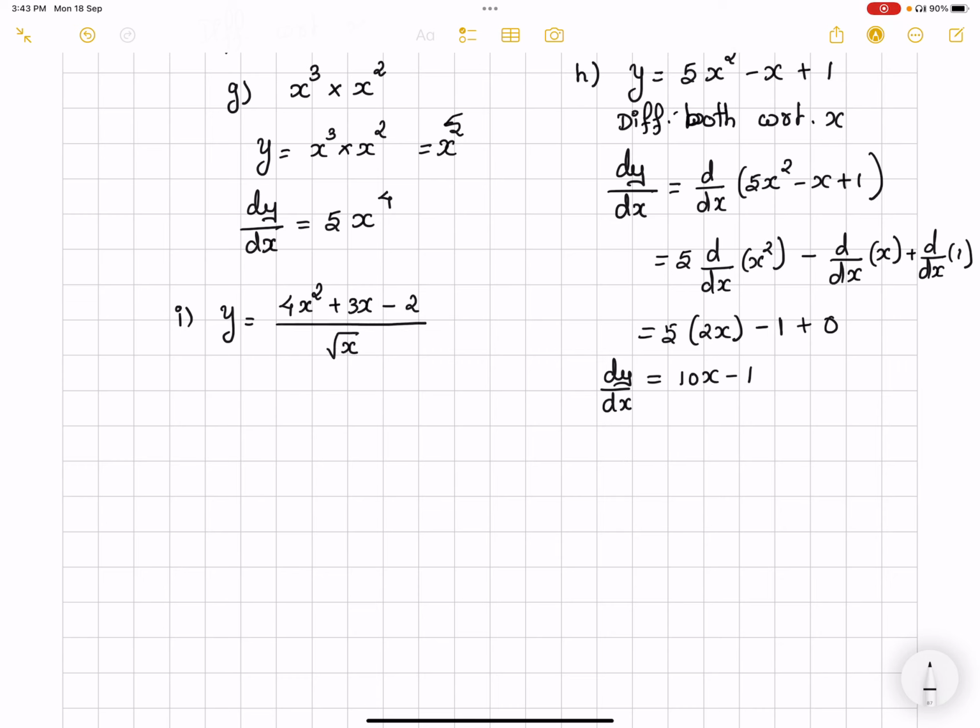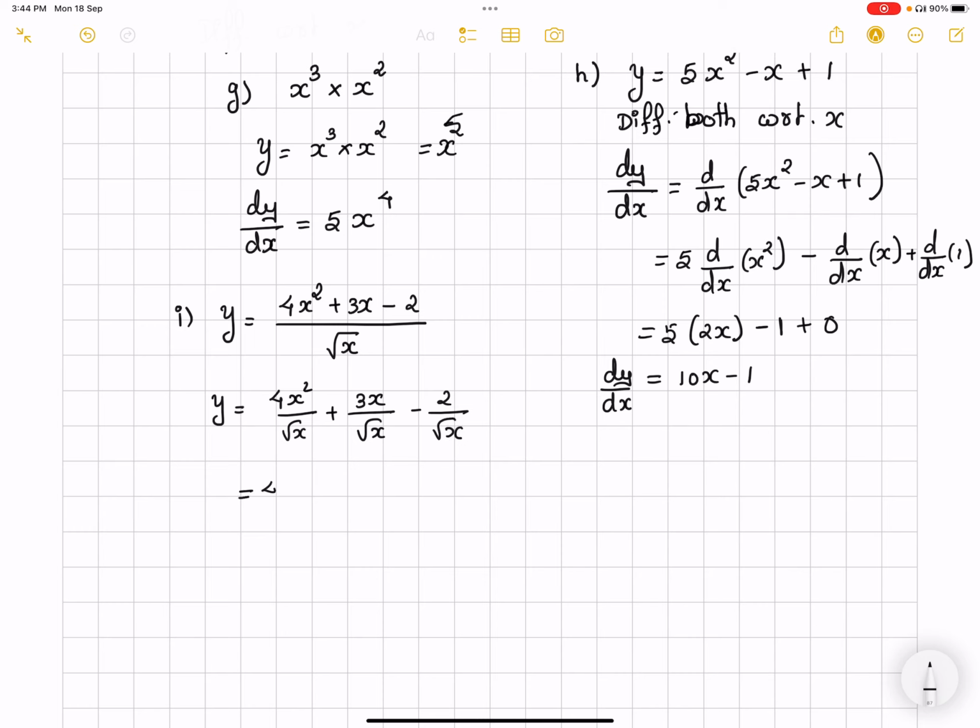The problem is quite simple. It might be looking like a big thing, but it's very easy to solve. What we are going to do is split it up and write it. 4x squared by root x, because there's only one term in the denominator and three terms in the numerator. To all the three terms, the root x will be there. So plus 3x divided by root x minus 2 divided by root x.